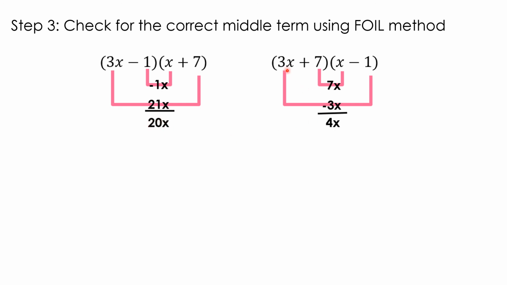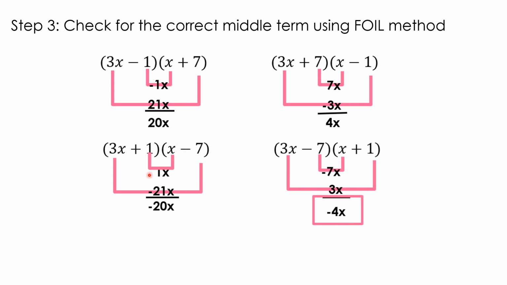And 3x times negative 1, that is negative 3x. 7 times x, that is 7x, and then you add 7x plus negative 3x, the result is positive 4x. So take note that the result should be equal to our middle term.